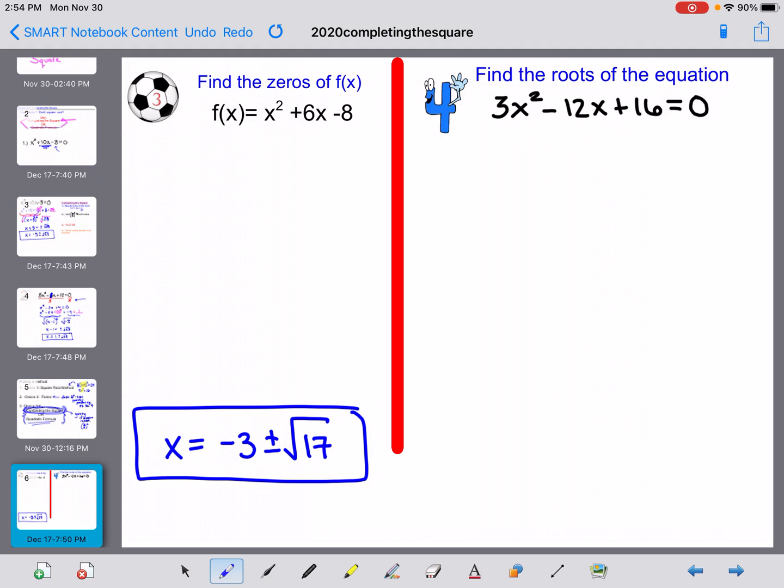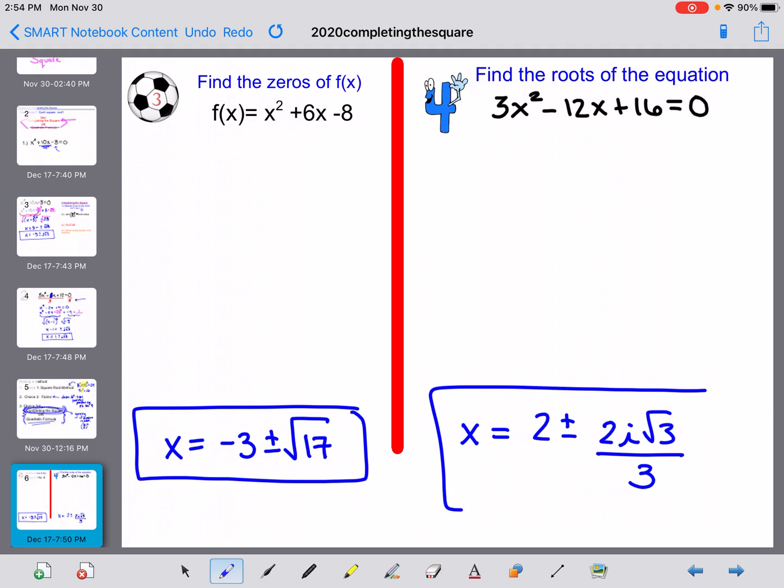All right, so on these 2 problems, here are your answers. Okay, some things to point out. The directions for number 3 said find the zeros. Remember that means that we're setting the y value equal to 0.